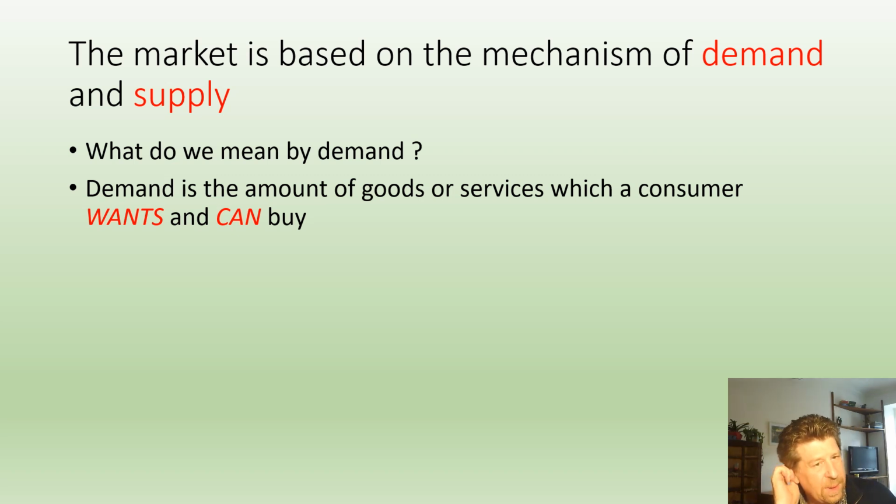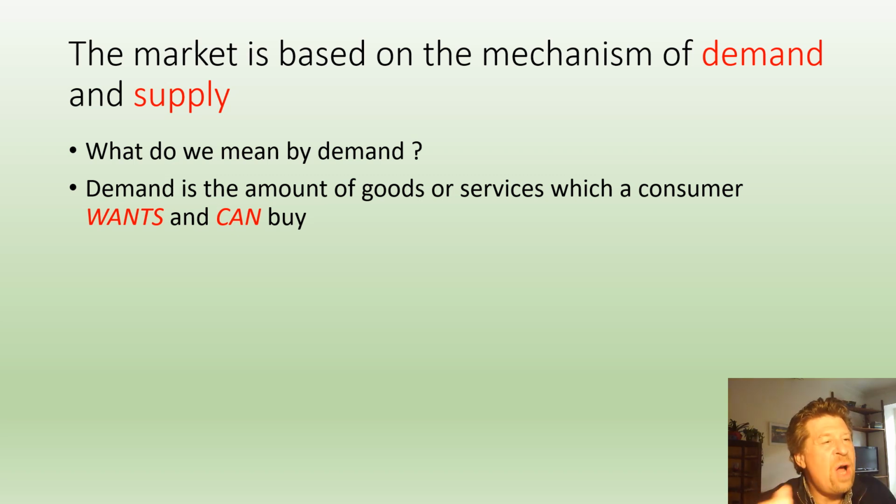Okay, so today I'm going to talk about the market, and we're talking about obviously the free market economic system, or how the free market works, how it uses a mechanism to arrive at the price and the quantity of the market.